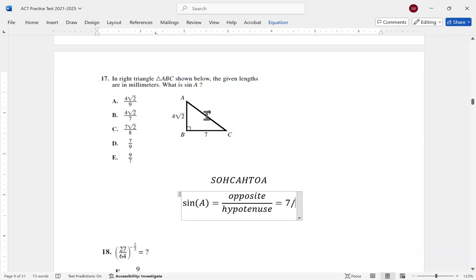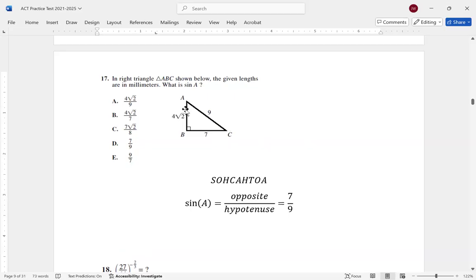The hypotenuse of this right triangle, that's the side opposite the 90-degree angle, has length 9. So we get 7/9 as the answer. By the way, be careful, that only works on right triangles. SOHCAHTOA does. So 7/9 is the right answer, and D is the answer to question 17.